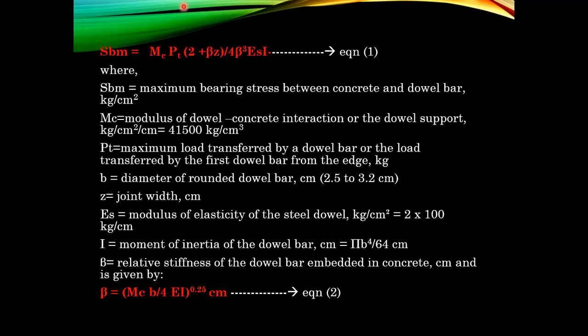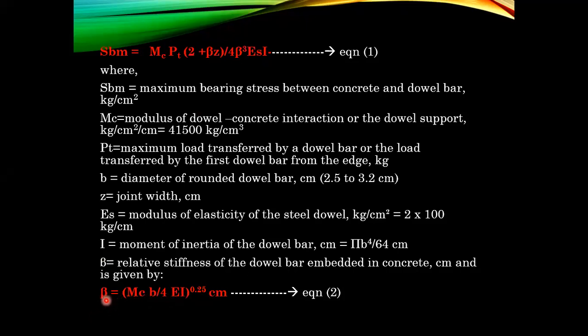Just remember, 3 equations will come in this design. This is the first equation, that is SBM is equal to MC PT into (2 plus beta Z) divided by 4 beta cube into EI. Beta means they have provided the formula here.